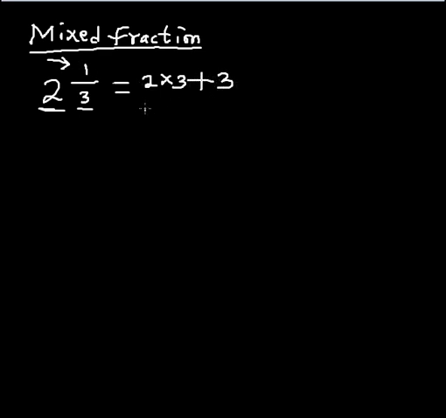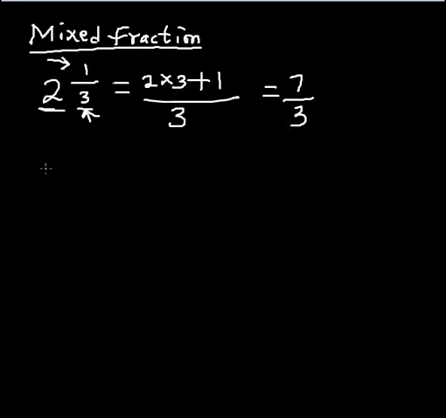Then I divide everything by the denominator that I had before, which is 3. 2 times 3 is 6, 6 plus 1 is 7. So 7 all over 3 is the improper form of this.